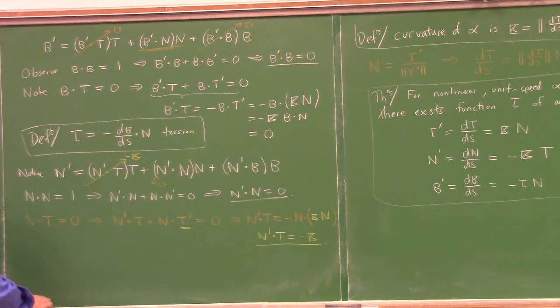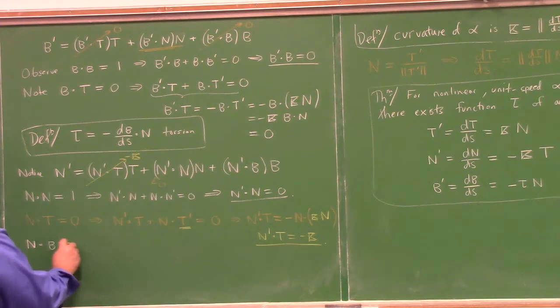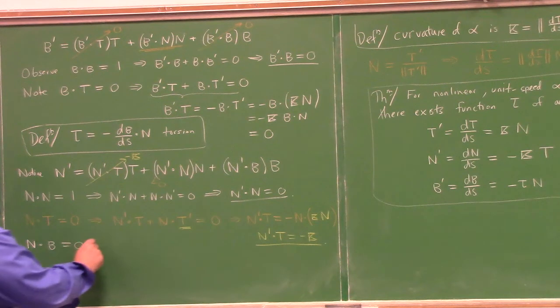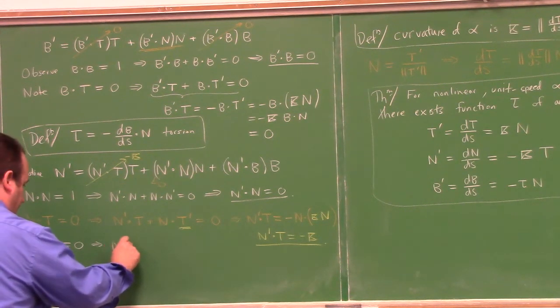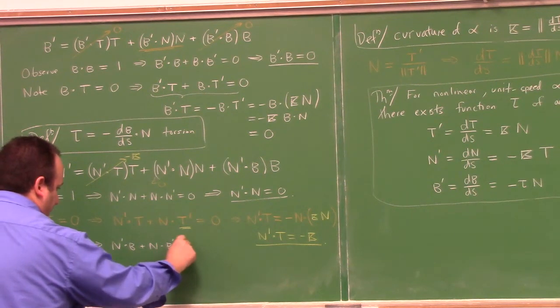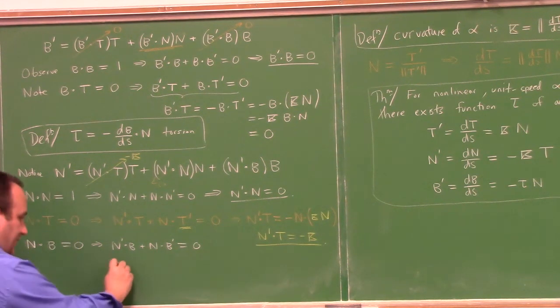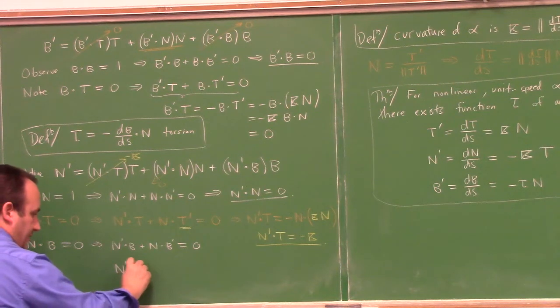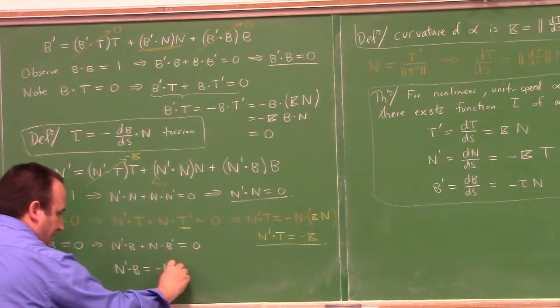And then, of course, one last derivative to do here, n dot b is equal to 0, right? Differentiate that. What do you get? N prime dot b plus n dot b prime equals 0, which tells me that n prime dot b is equal to minus n dot b prime. But what was b prime?